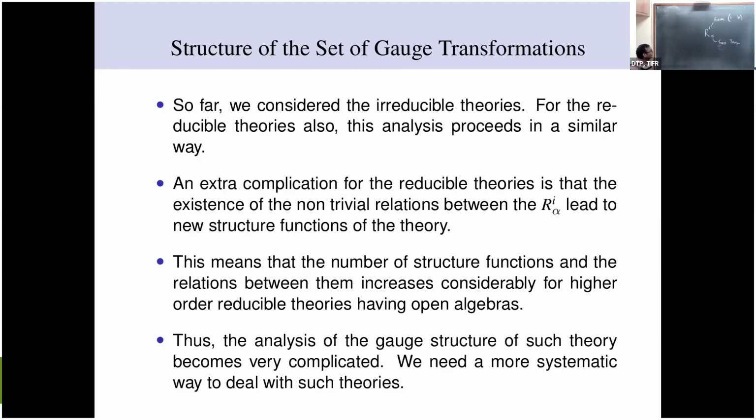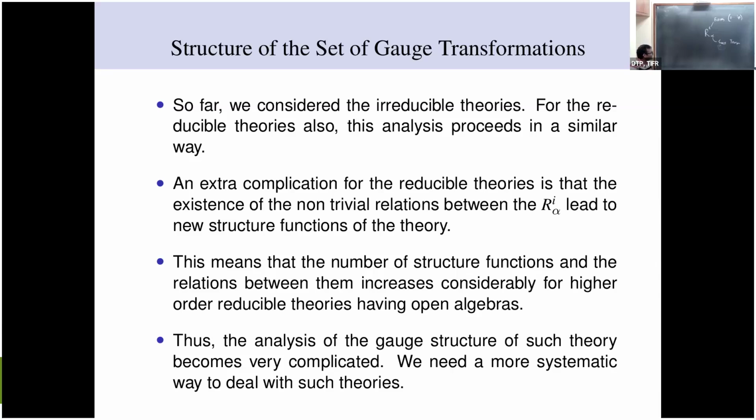So far we have considered only irreducible theories. If you have a reducible theory, gauge transformations for gauge transformations, then the analysis proceeds in the same way. But the extra complication is that there will be non-trivial relations between the R i alpha, and they will lead to new structure functions of the theory. This means that the number of structure functions and the relations between them increase considerably for higher order reducible theories which have an open algebra.